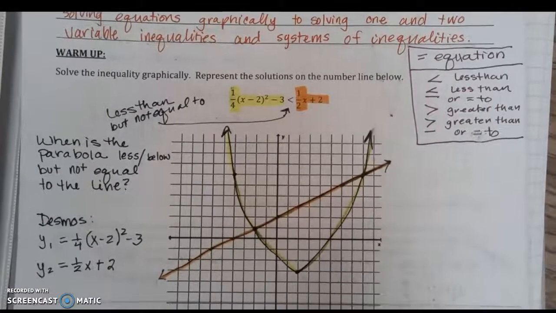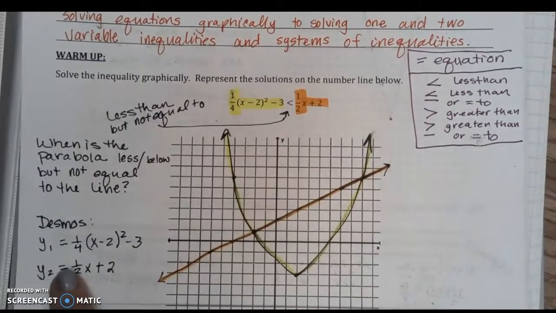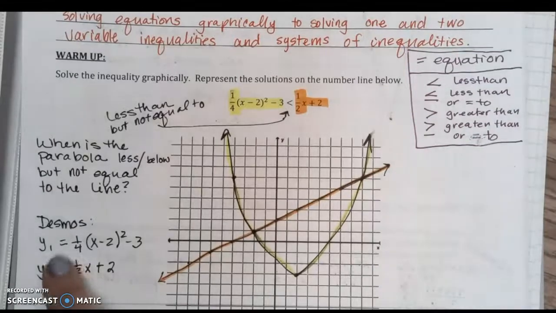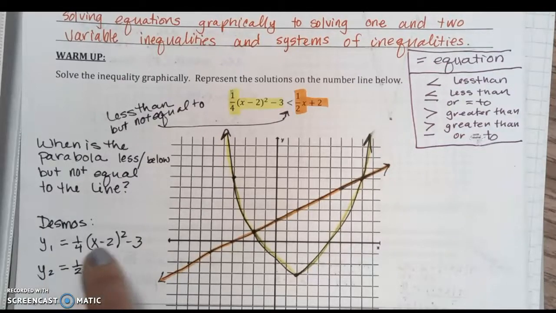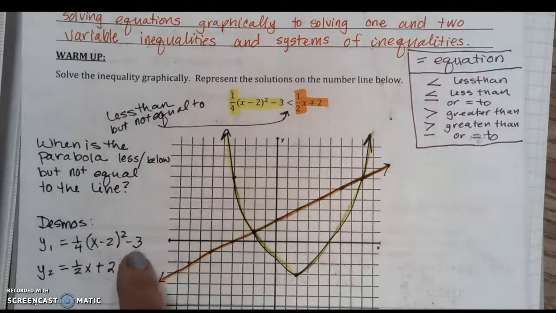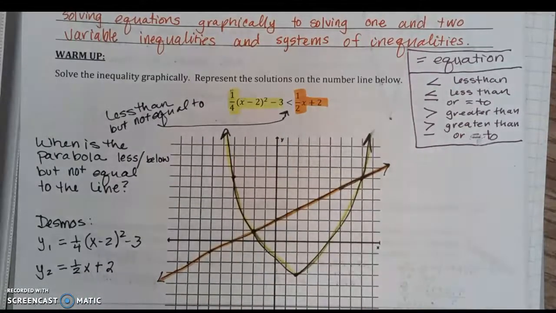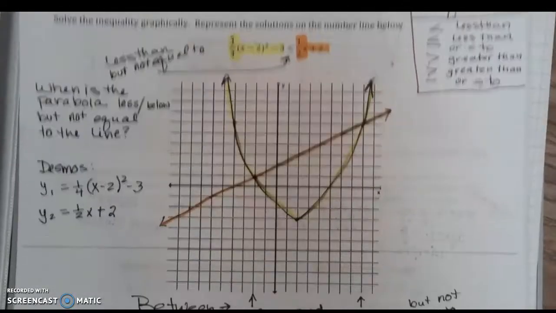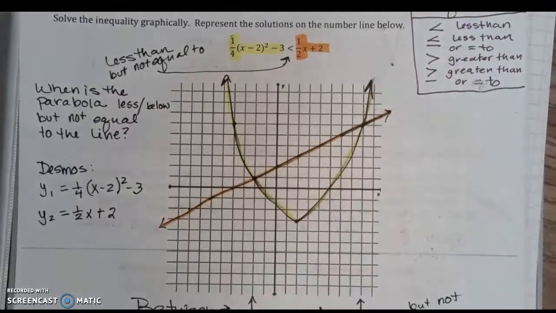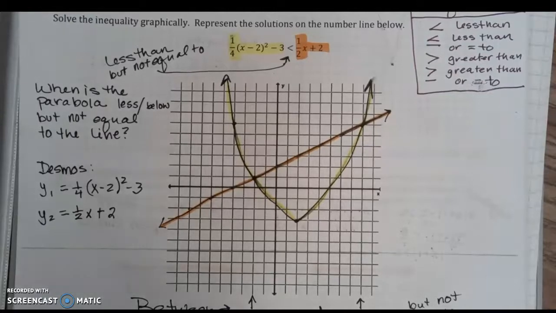If you were going to type this into Desmos, you're going to graph the first, the quadratic, as 1/4 (x minus 2) squared minus 3. And then type in the second one, 1/2 x plus 2. That's just your left and your right. Okay? So we want between when x is -2 and when x is 8.